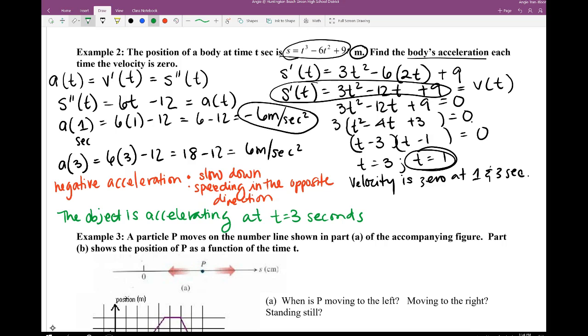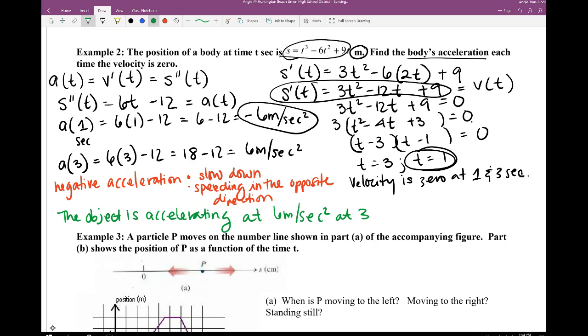Sorry, at 3 seconds, it's at what, 6 meters per second? The object is accelerating at 6 meters per second squared at 3 seconds.